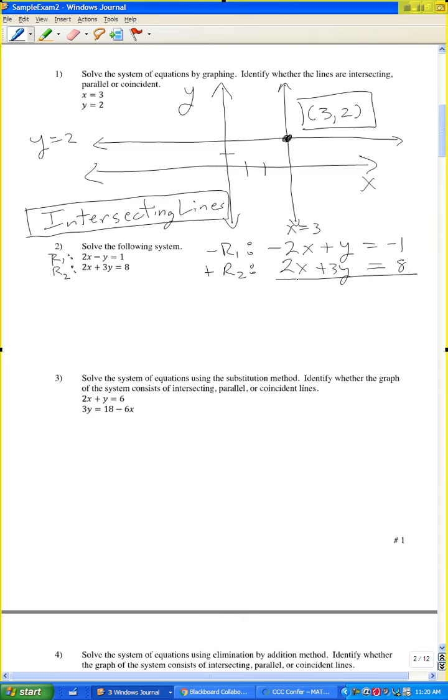And so the two x's cancel. 3y plus y is 4y. 8 minus 1 is 7.